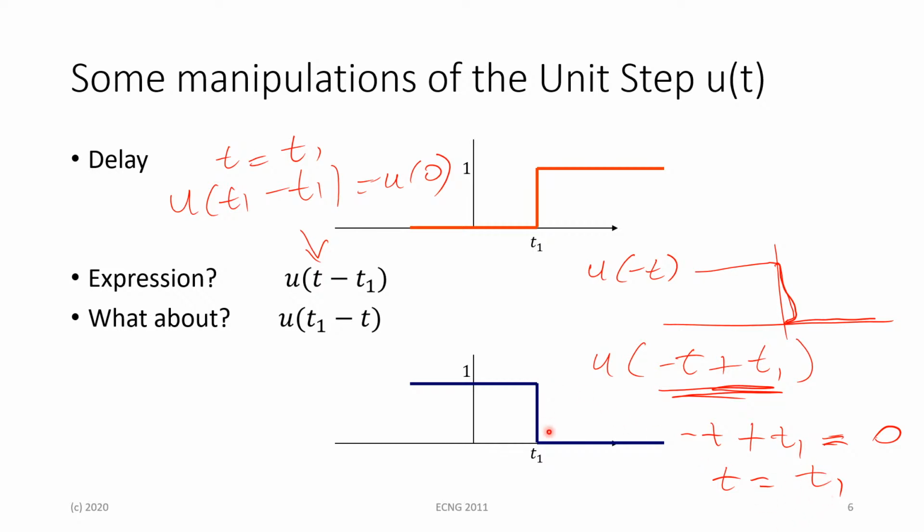So that's why we get this vertical shift transition accordingly, with both starting from u of t. Remember, the u of 0 point here represents this vertical change.